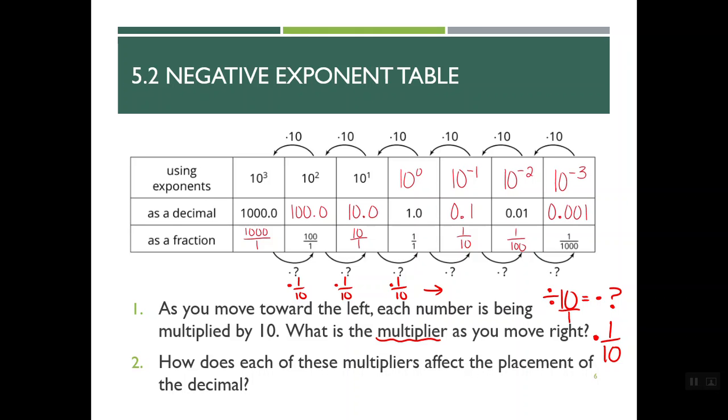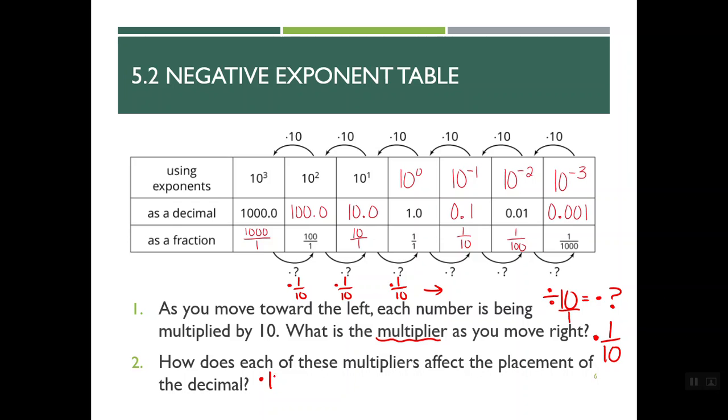So how does each of these multipliers affect the placement of the decimal? So multiplying by 10 is moving the decimal one place to the right. You can see that as you go from right to left. So how does this multiplier, 1/10, affect the decimal? And we talked about that previously. You would be moving the decimal one spot to the left.